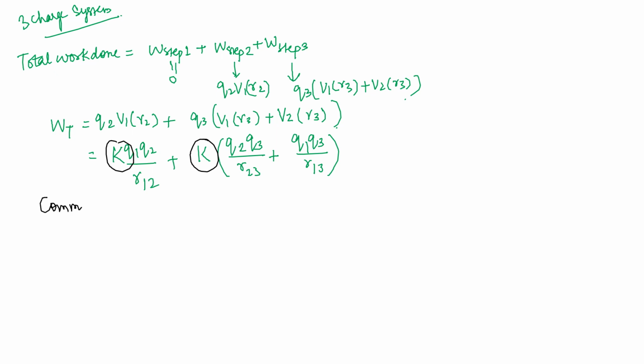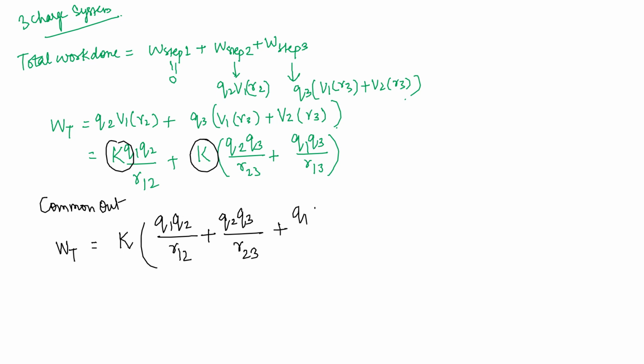Taking the common out, total work done equals K into Q1 Q2 upon R12 plus Q2 Q3 upon R23 plus Q1 Q3 upon R13. So that is how we have found out the total work done.